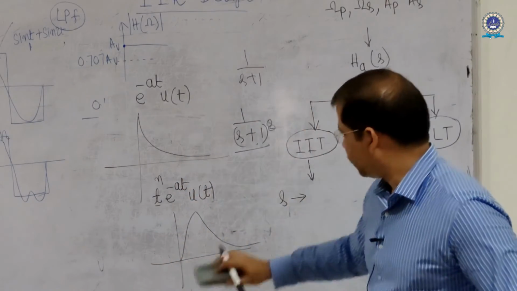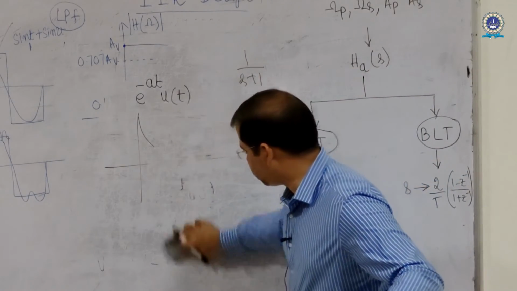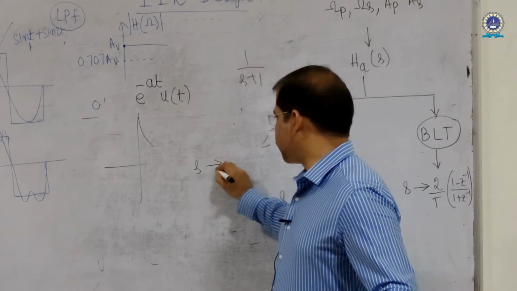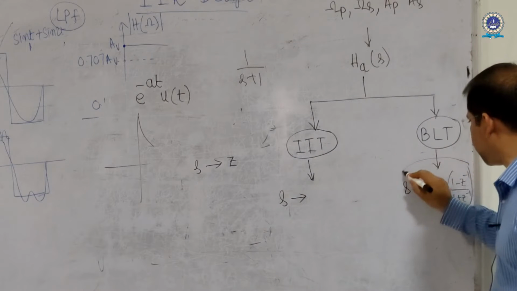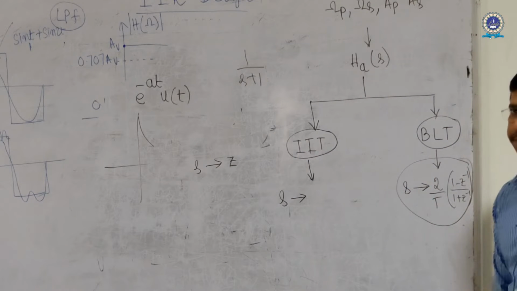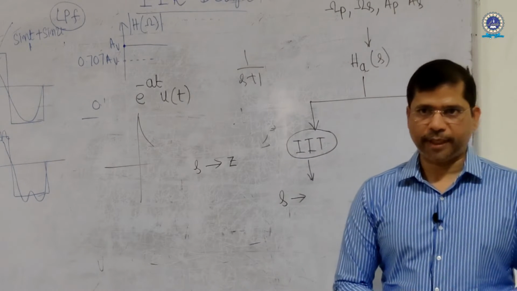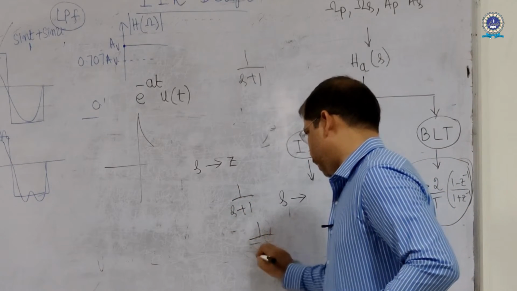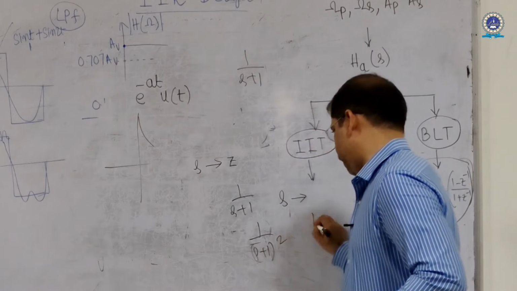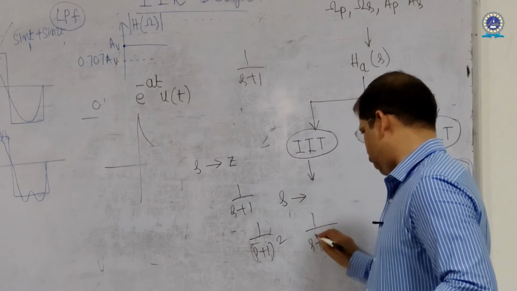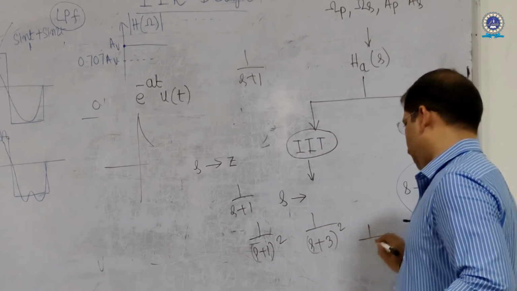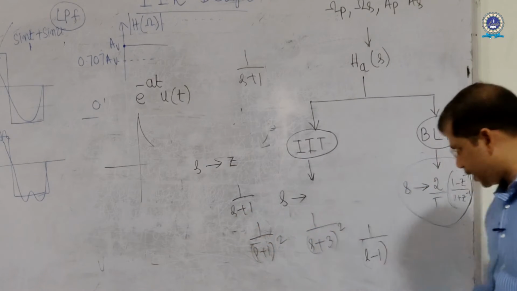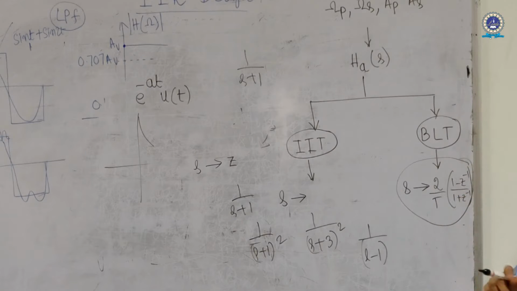Because you cannot transform s to z with a single equation like this in the bilinear transformation technique. That means 1 by (s plus 1), 1 by (s plus 1) whole square, 1 by (s plus 3) whole square, or whatever it is, or 1 by (s minus 1), which is unstable. For every s, we are transforming this.